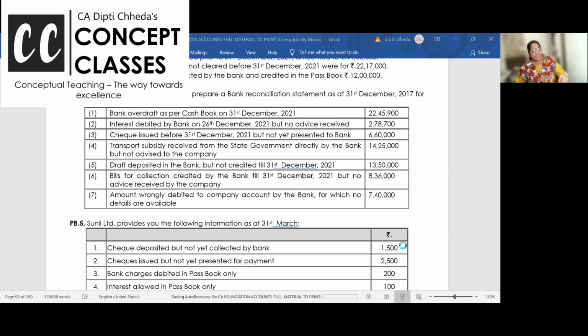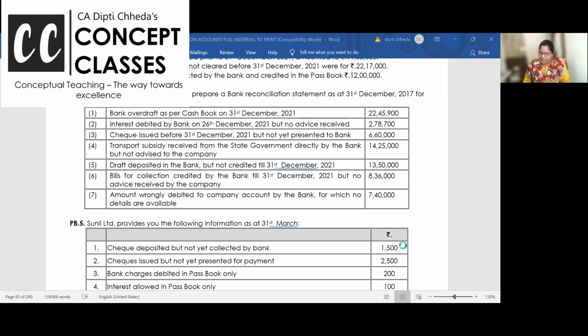Chalo, we will do this. Ask please if you have any doubt anywhere, keep asking. So this time also again it's an overdraft. Next time overdraft comes, you all should do it. Chalo. Bank overdraft as per the cash book is given.